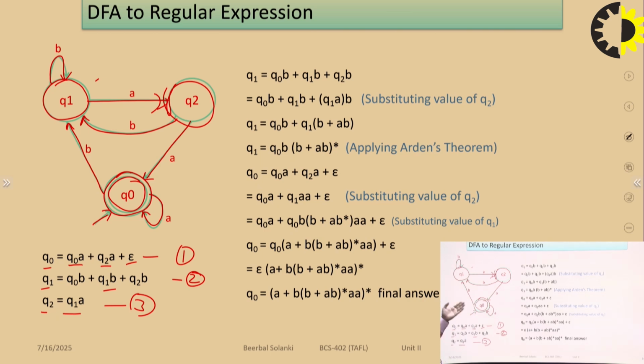Suppose Q1 is also a final state, so we write the regular expression for Q naught plus Q1. Here Q naught is the initial state and final state. So we convert all the equations into the form of Q naught, which is the final answer.